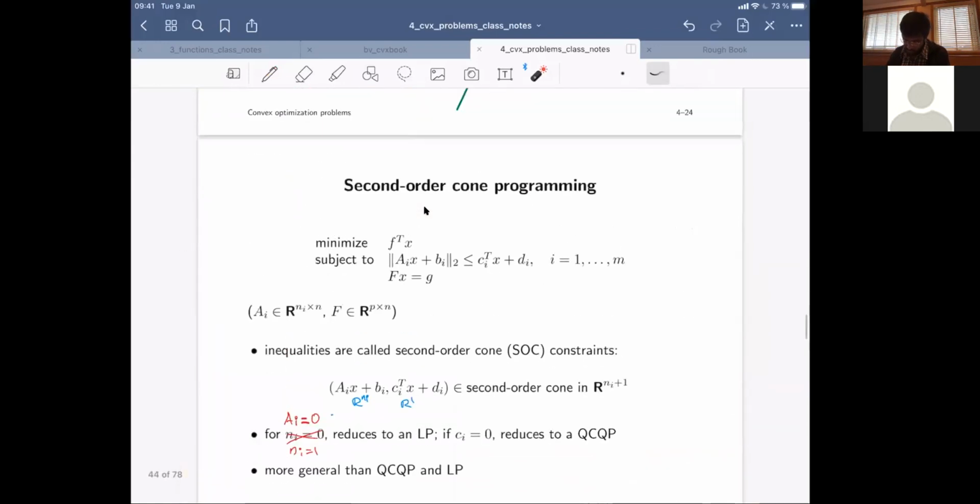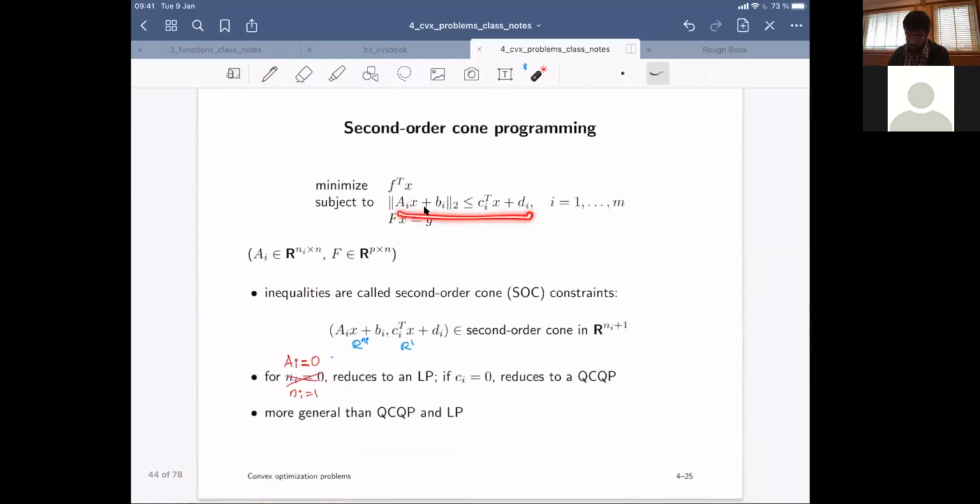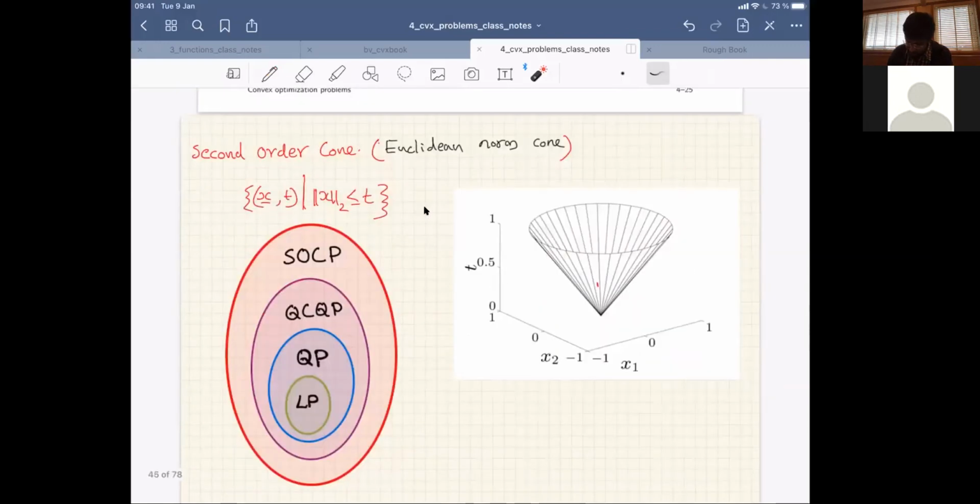So now this constraint is similar to the constraint right here. This is a second order constraint. In other words, you can say that the pair (x plus b_i, ...) (x, t) belongs to the second order cone.